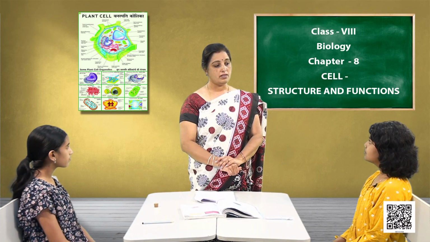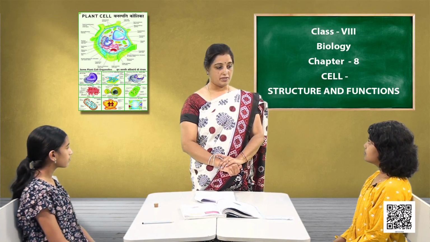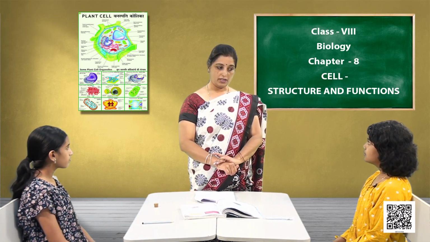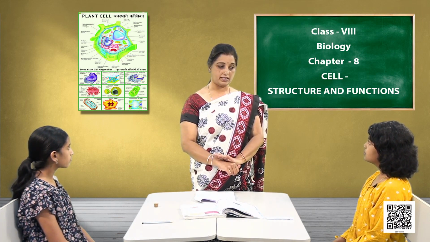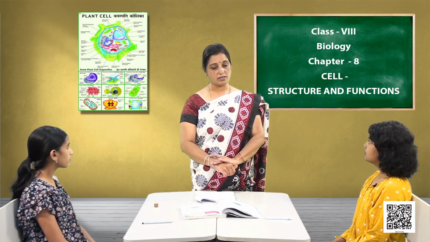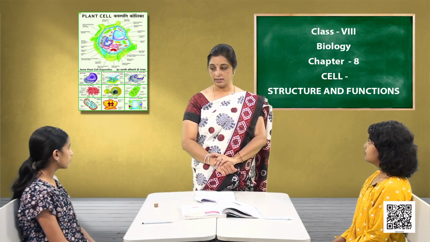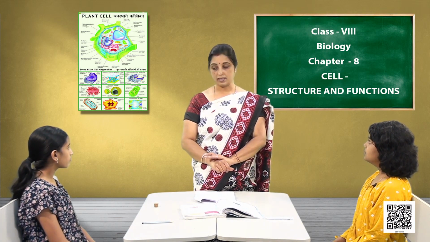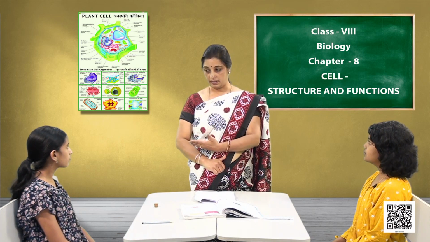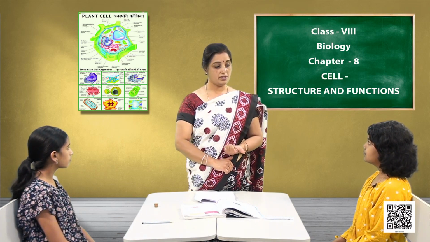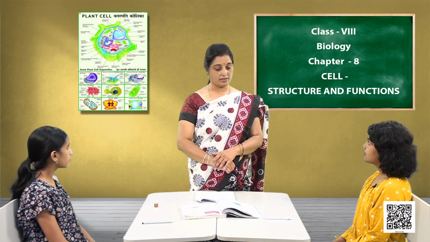For example, I told you there are many types of cells in the body of an organism. There are nerve cells, muscle cells, blood cells, bone cells. All these cells are present both in elephant and rat. So these cells are similar. The nerve cells of a rat look similar to the nerve cells of an elephant.